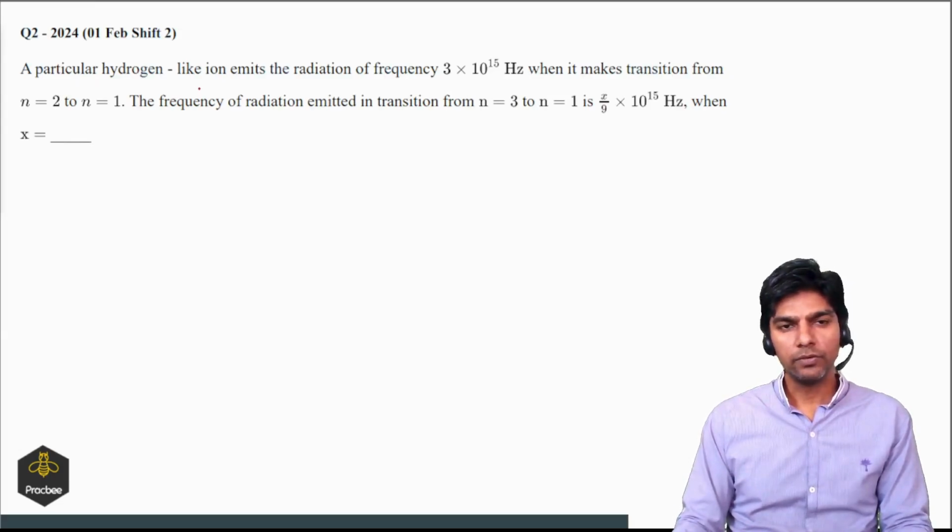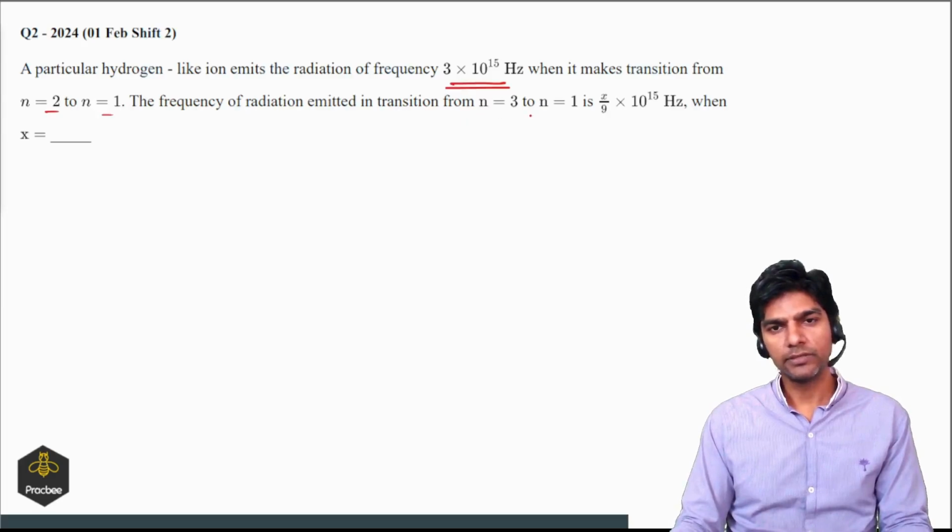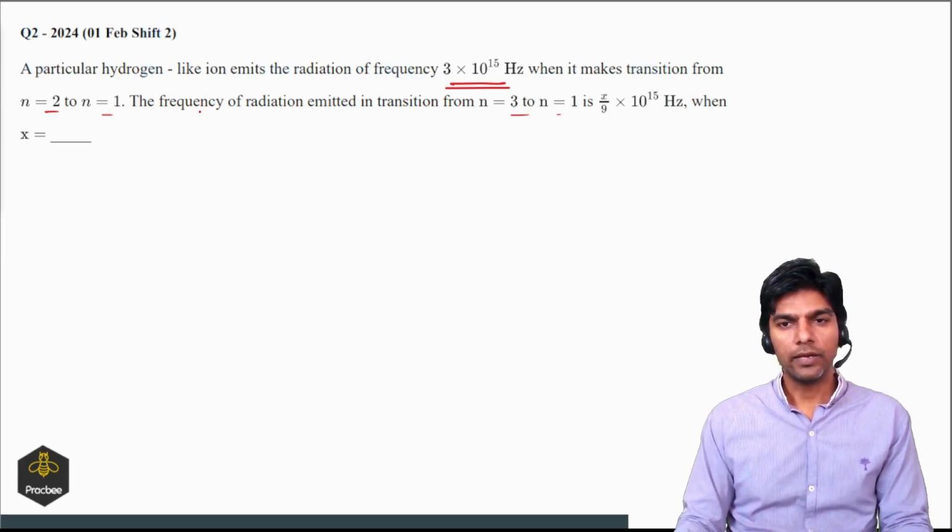A particular hydrogen-like ion emits radiation of frequency 3 into 10 raised to 15 Hertz when it makes a transition from 2 to 1. The frequency of the radiation emitted in the transition from 3 to 1 is x by 9 into 10 raised to the 15 hertz, and we have to find the value of x.